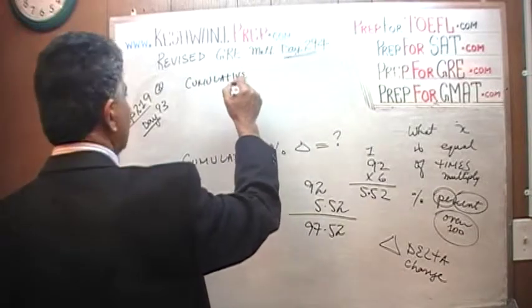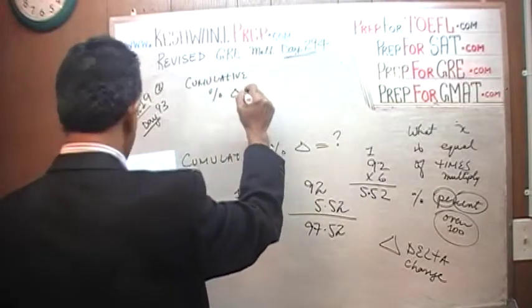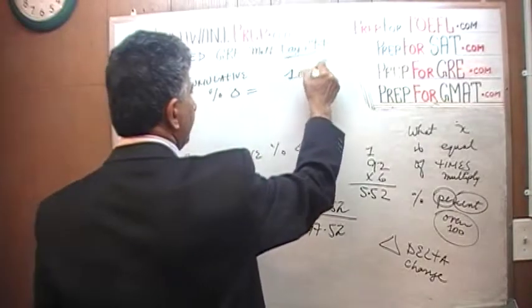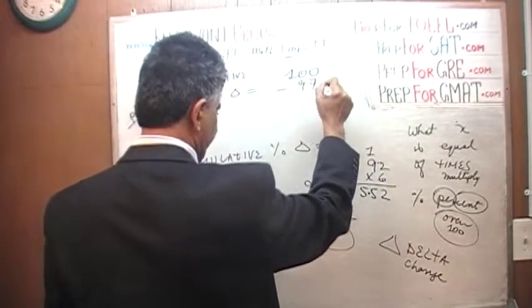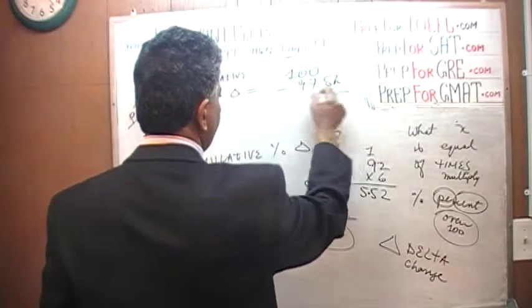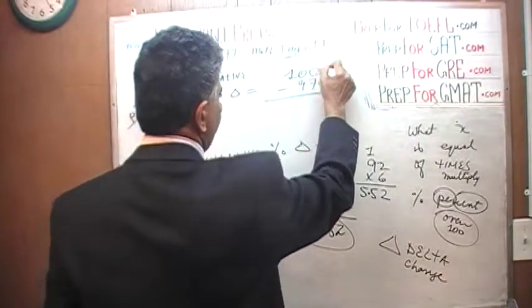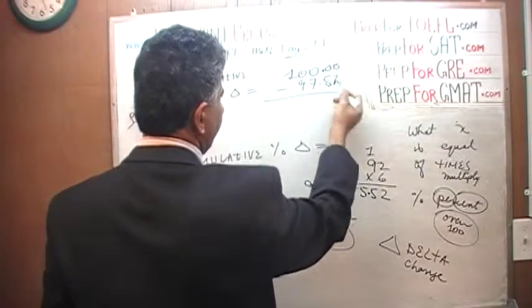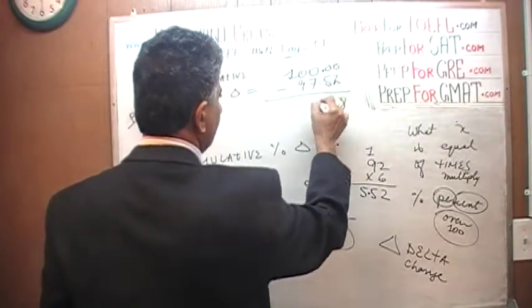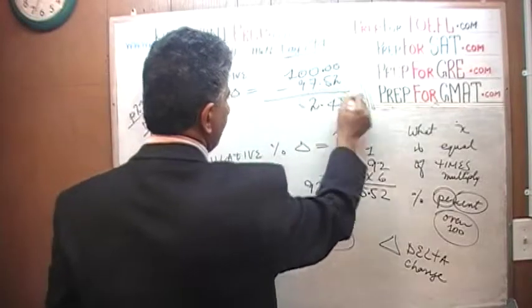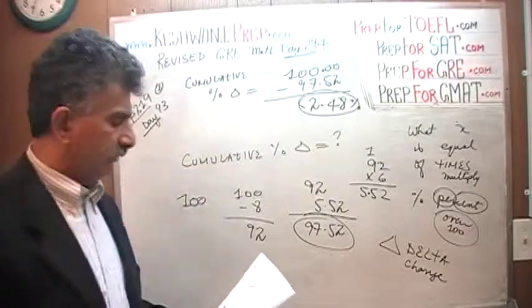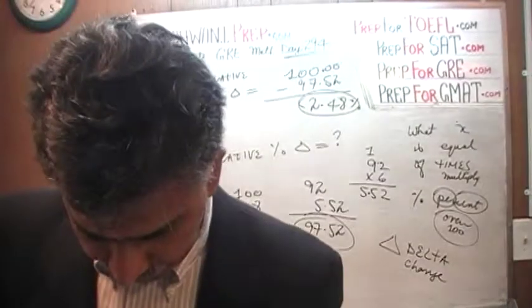Cumulative percentage change is going to be what we started out with minus what we are left with, which is 97.52, and we just take the difference. So stick two zeros here. So we get an 8, 9 minus 5 is 4, 9 minus 7 is 2, and that's it. That's your answer. 2.48% is the final answer.